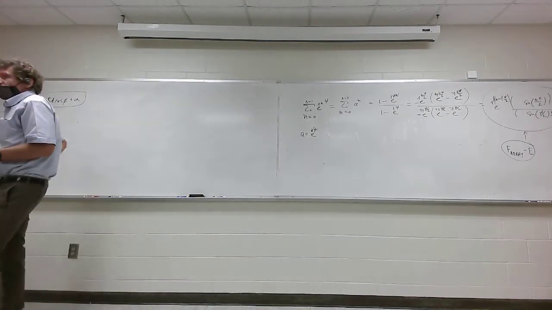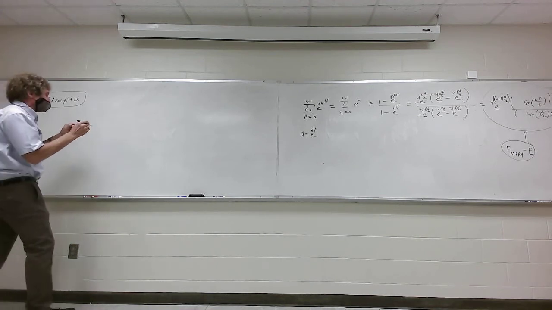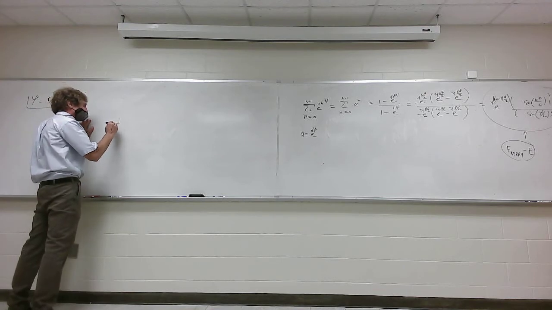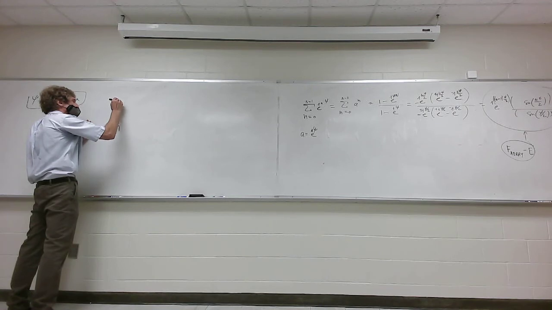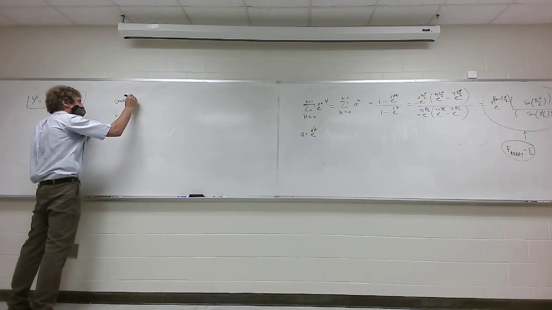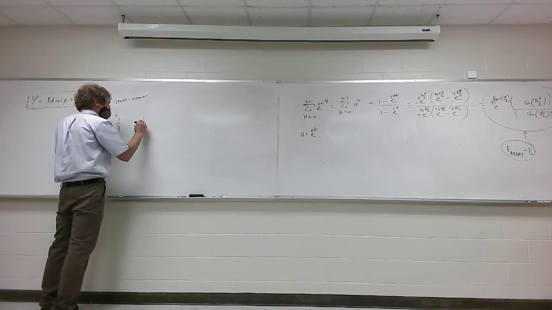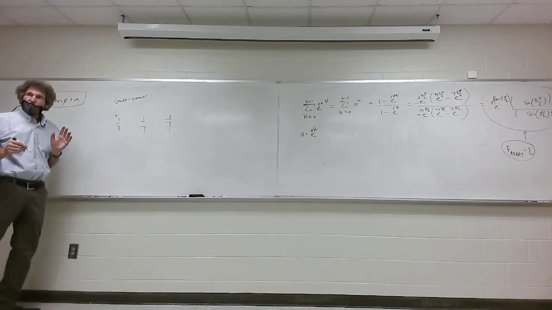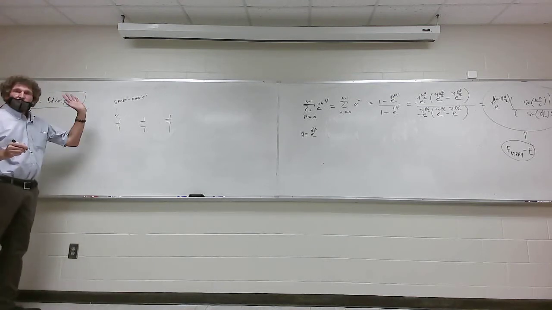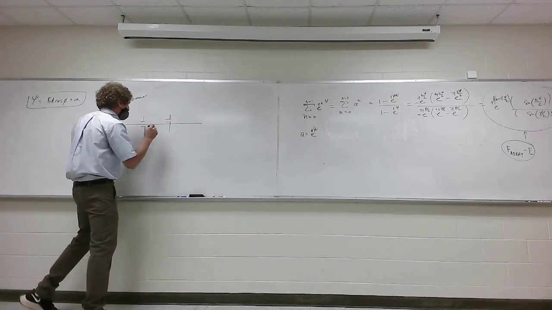I'll get to the power in 1 second. If I have antenna elements like this that are short dipoles, and say I have 3 of them, oriented in the vertical direction. The array is this way, so they're perpendicular to the array.